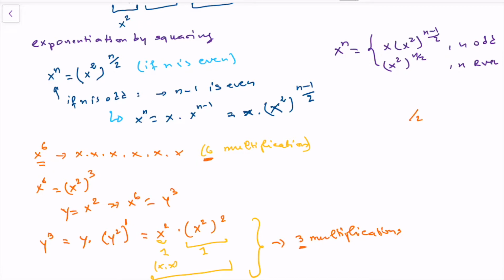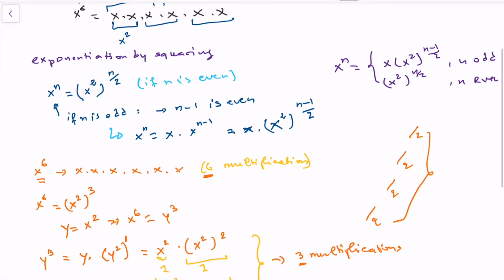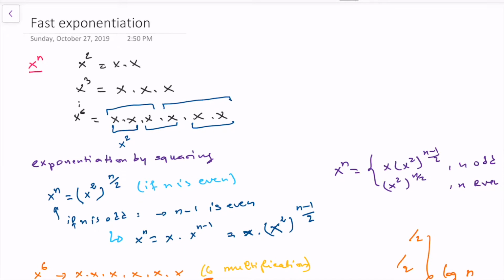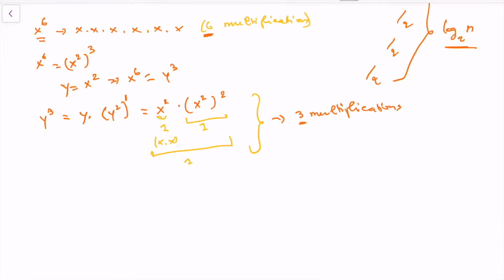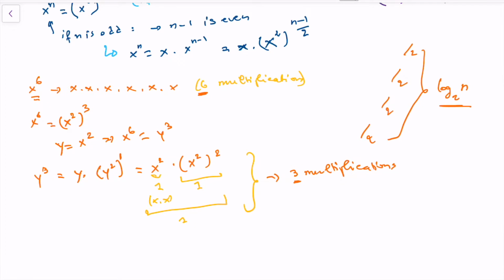And every time you divide something by 2, the overall time it will take to reach 1 is log base 2 of n, right? And so this pretty much would be the time complexity instead of the method where we are multiplying, which is O of n. And so this can reduce the algorithm to multiply from O of n to O of log n, right? Okay, so now let's see how we can write such an algorithm, right?